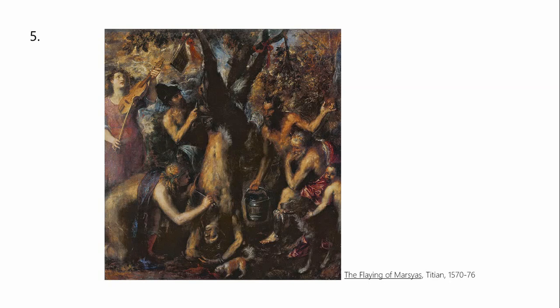They had a music contest, and Marsyas, unfortunately for him, lost. And for those who don't know, flaying means the removal of skin. So he's flaying the loser of the contest. Apollo is not a pretty, well, he's attractive, but not a pretty god in many ways.